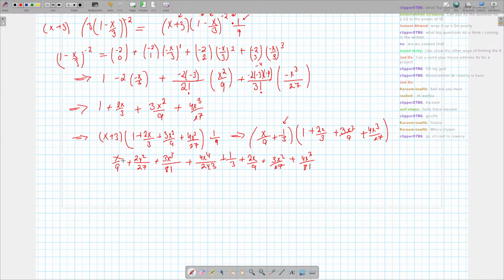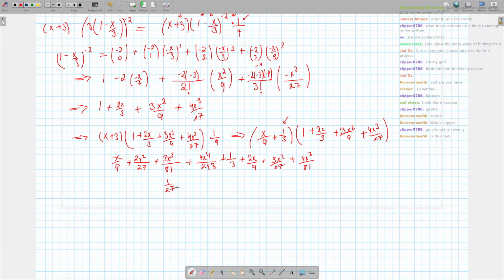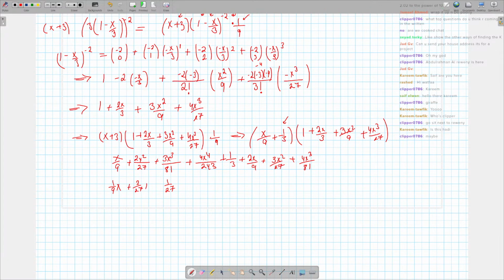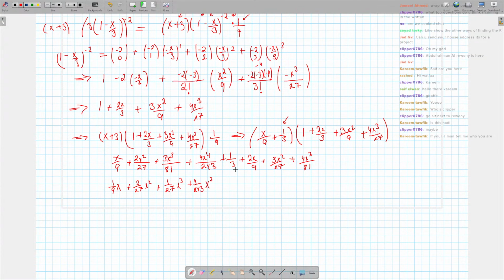Now, let's see if we can combine like terms. First, let's put anything that can be in simplest form in simplest form. 3 over 81 can be rewritten as 1 over 27. I'm going to rewrite all of this and put x outside. So x over 9 is the same as 1 over 9 x. 2x squared over 27 is 2 over 27 x squared. 3x cubed over 81 is 1 over 27 x cubed. 4x cubed over 243 is 4 over 243 x cubed.